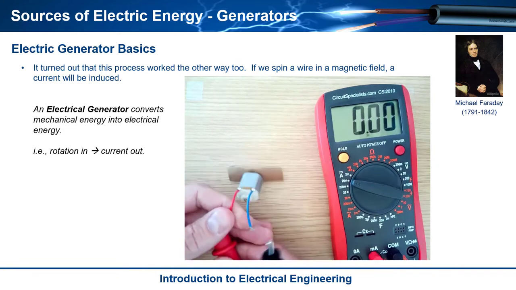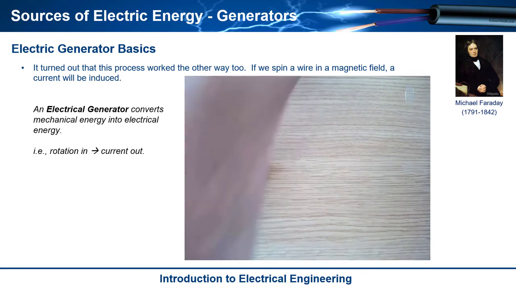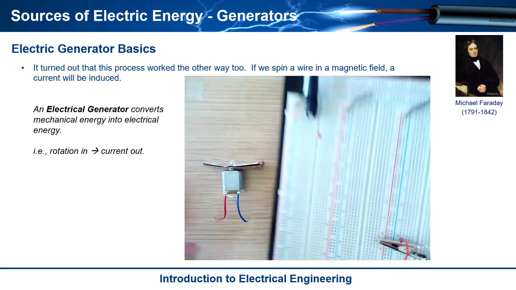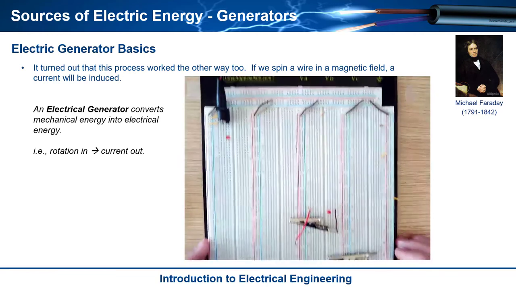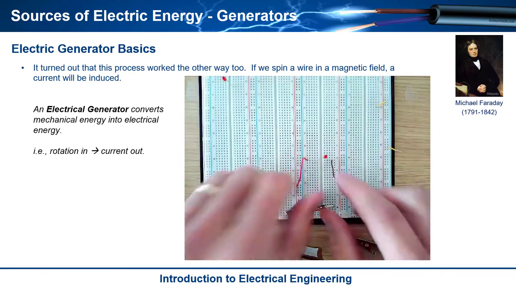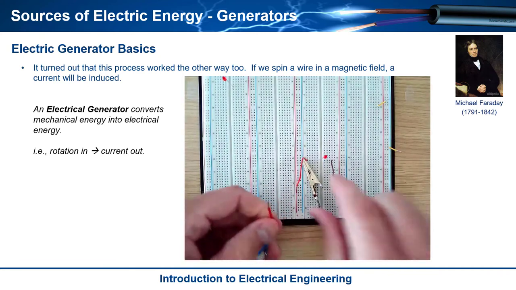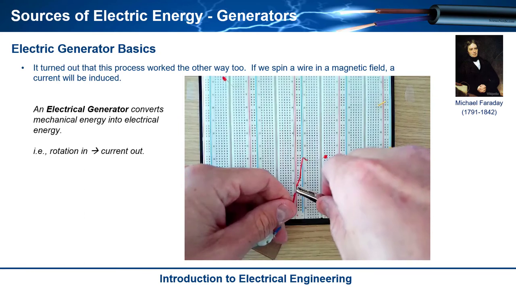In case you don't believe me, let's keep going. Here I have my breadboard, and I wired up a little light emitting diode right there. I'll see if I can get it to flash, or at least light up a little bit, as I spin this.